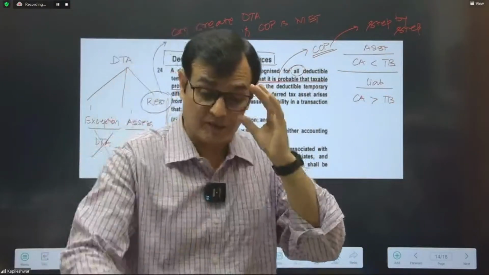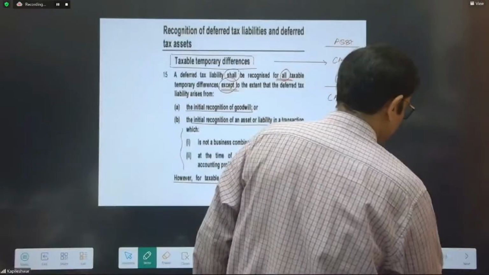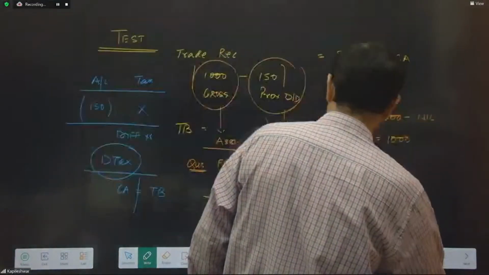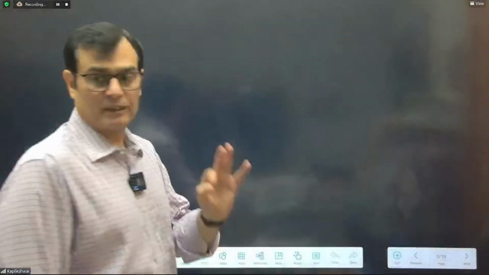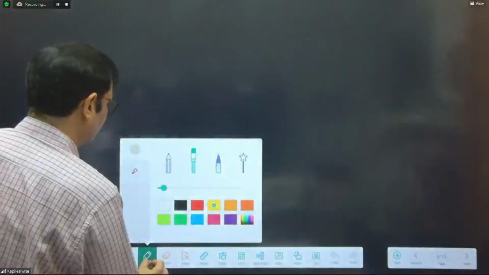So I'm just going to document this chart for you because this is how we will work on this. So let me just create the chart at this stage. This is based on step number 3.